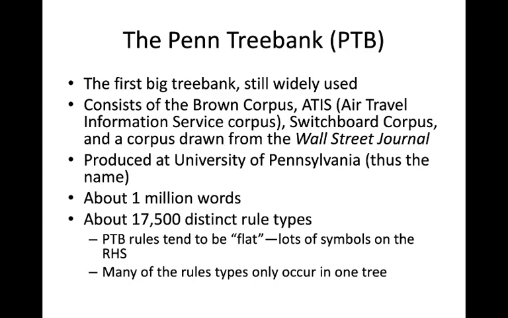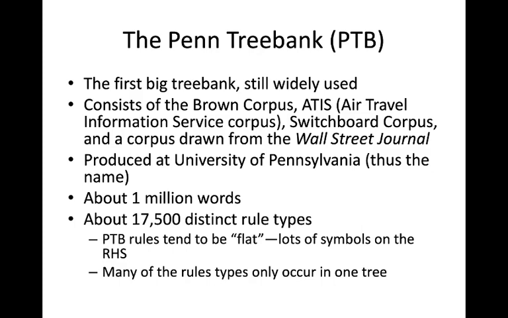So the first big treebank, as I mentioned, is the Penn Treebank. And it's still widely used. It has a number of different corpora together. One of them is the Brown corpus, which is the first major electronic corpus of English. There's the Air Travel Information Service corpus, the Switchboard corpus, and the biggest part is drawn from the Wall Street Journal.